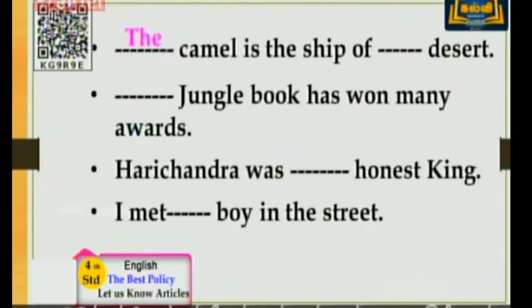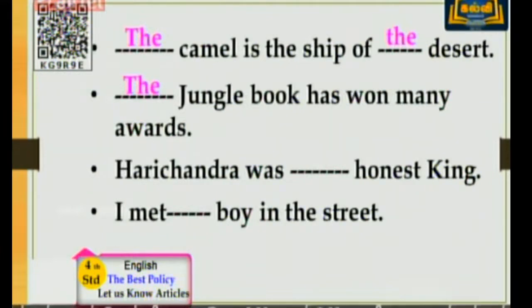The camel is the ship of the desert. Good. Coming to the next one. Dash Jungle Book has won many awards. Here the word is Jungle Book, so it is understood as one of the famous books. Which article are we using? The Jungle Book has won many awards.